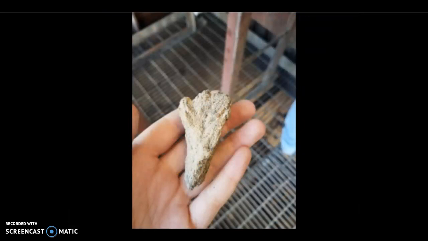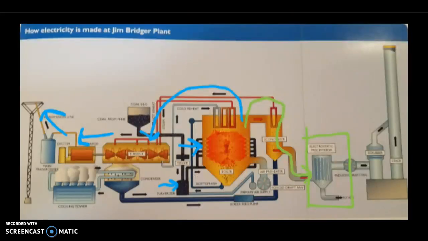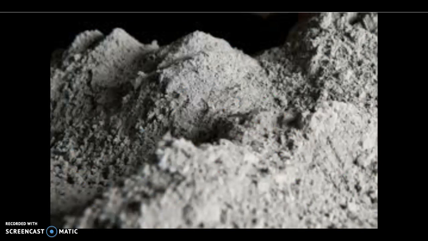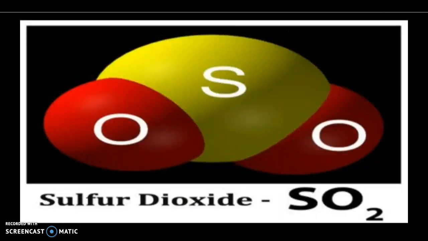Another byproduct is fly ash. This is removed from the steam and air by the electrostatic precipitator. This is then collected and shipped out to companies to be added into cement mixtures and various other things.